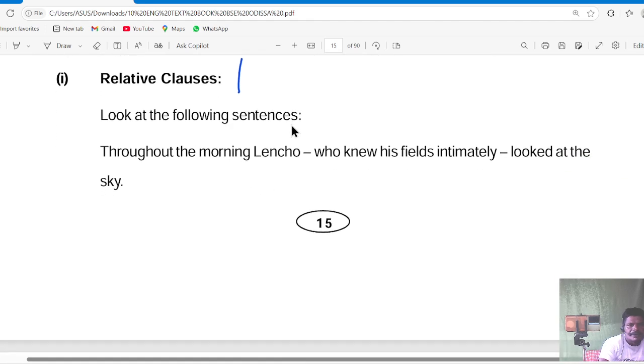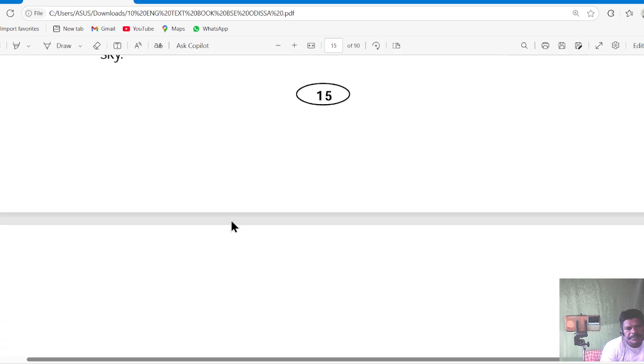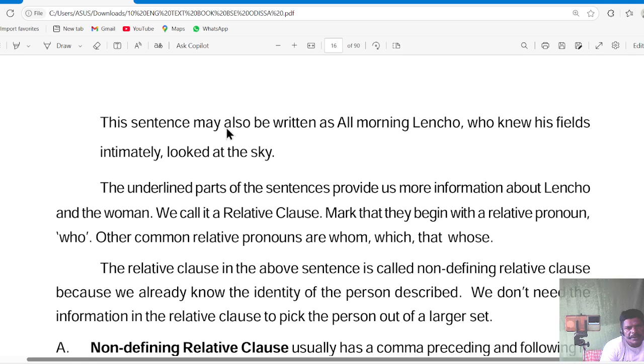Look at the following sentence. Throughout the morning, Lico, who knew his field immediately, looked at the sky. The sentence may also be written as: all morning Lico, who knew his field immediately, looked at the sky.